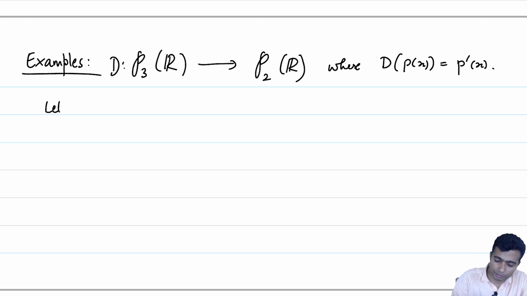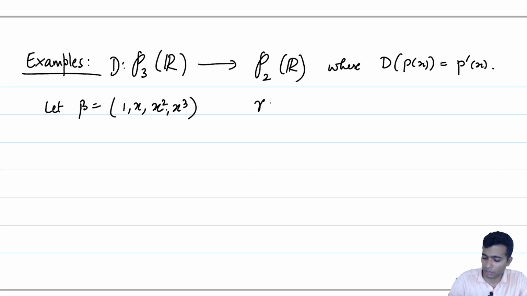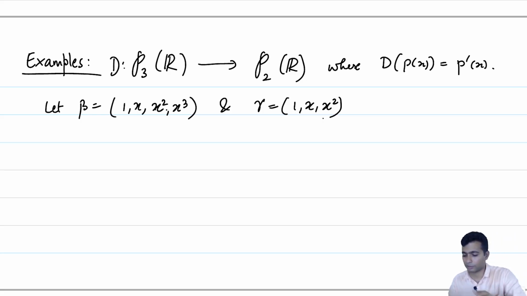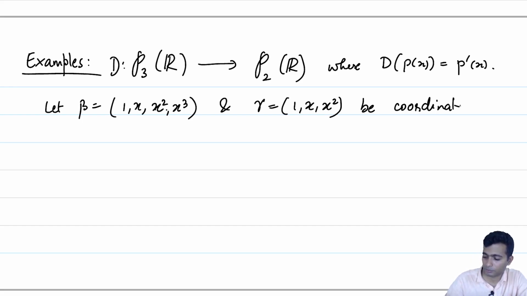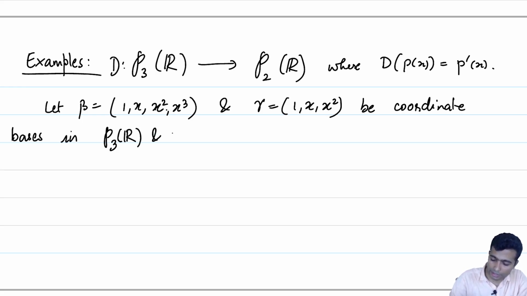So let beta denote the coordinate basis given by 1, x, x squared and x cubed. Let gamma be 1, x, x squared. They look like similar polynomials, but they are polynomials in different vector spaces. Beta and gamma are the coordinate bases in P3 of R and P2 of R respectively.